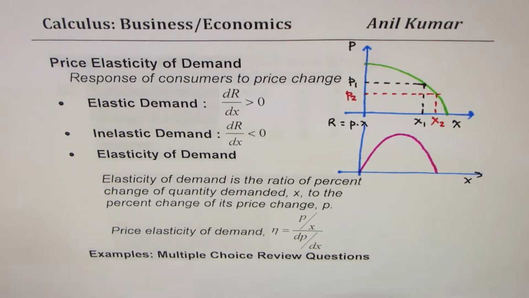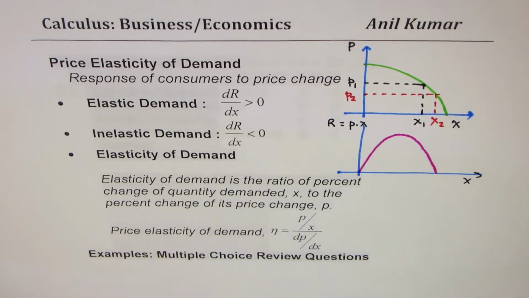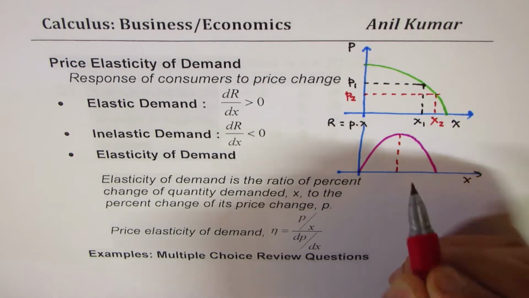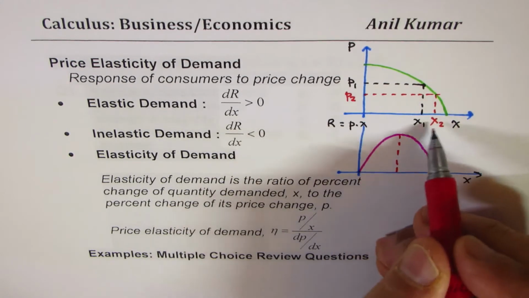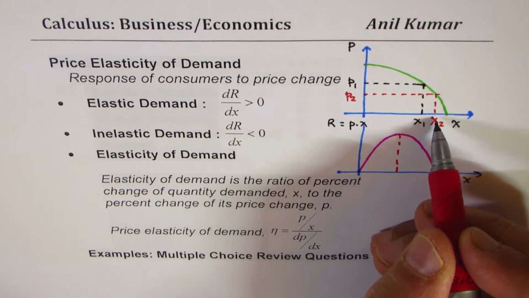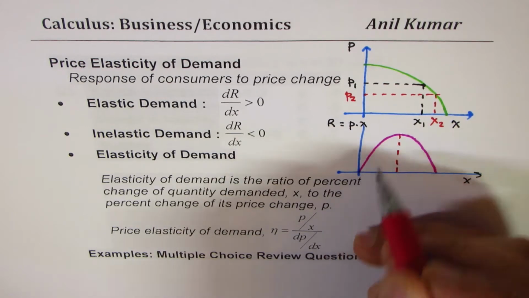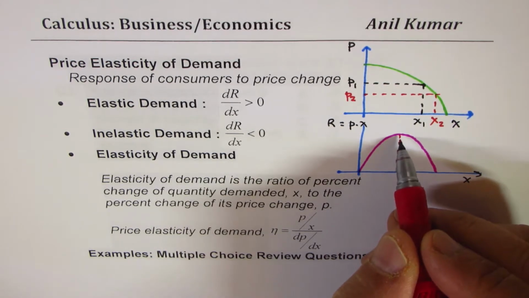For some particular price, it will be maximum, as you can see from this graph. Initially, when you reduce the price, more items are sold, and therefore net revenue is higher, so it increases. But there is a limit to this.